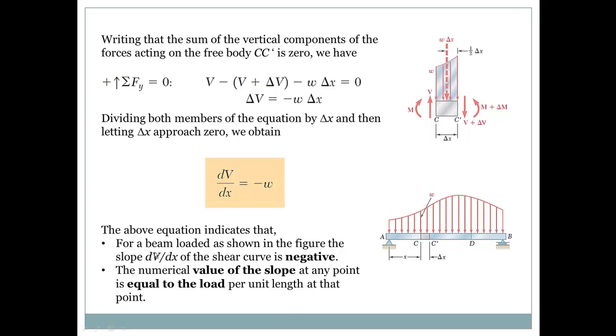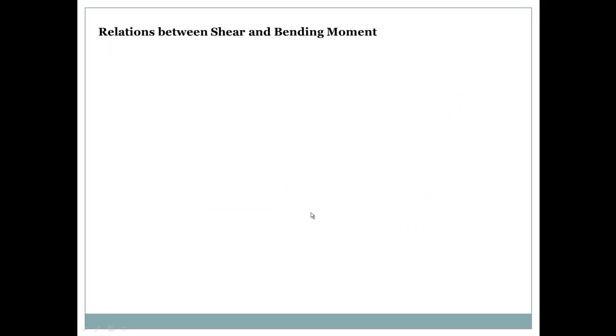Again, the slope of the shear curve is negative because of this negative sign, and the numerical value of the slope is equal to the load per unit length at that point. We'll take a look at the relation between the shear and the bending moment.